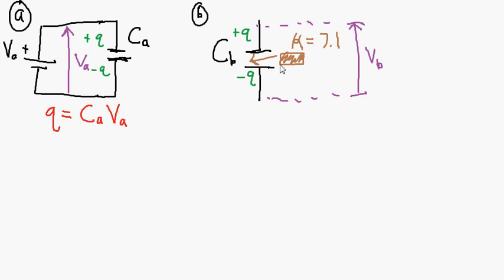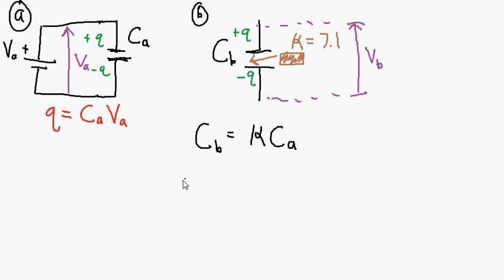Okay, so we shoved this thing in. And how does putting a dielectric in change the capacitance? Well, the capacitance with the dielectric, which is what we're going to have in figure B, is just the dielectric constant times the capacitance without, which is what you had in A. So that's pretty easy, right?